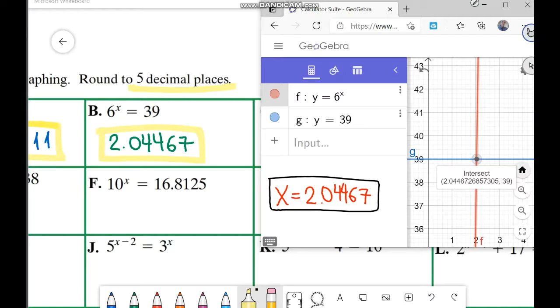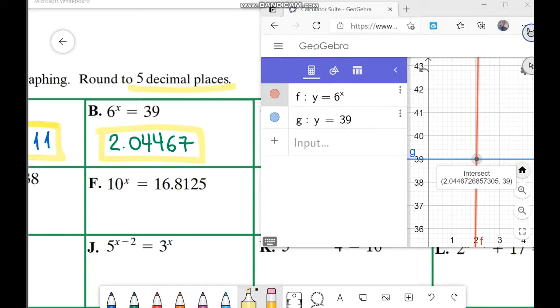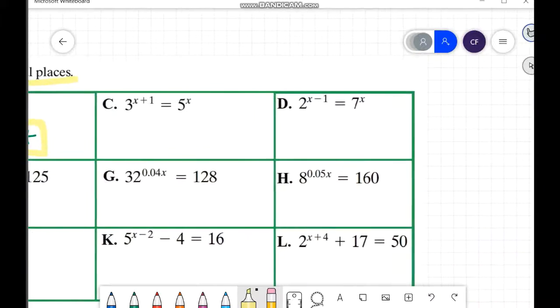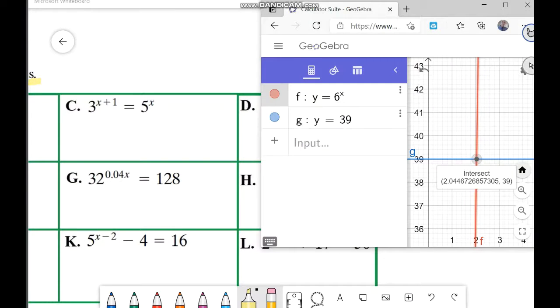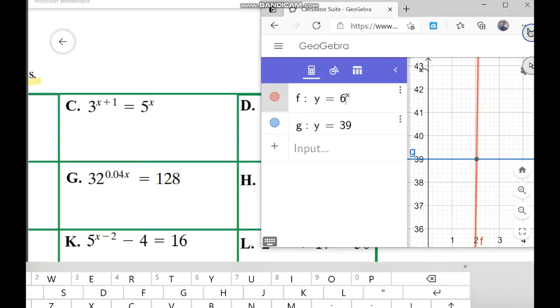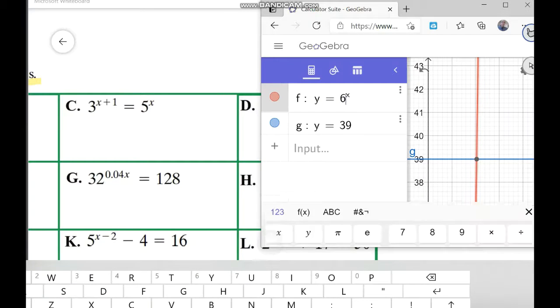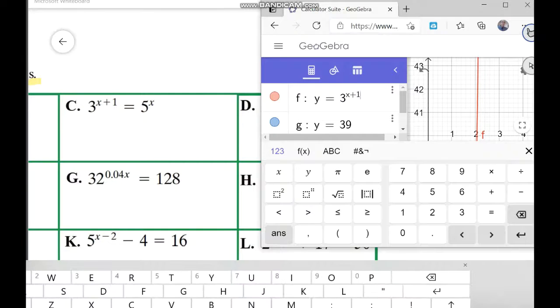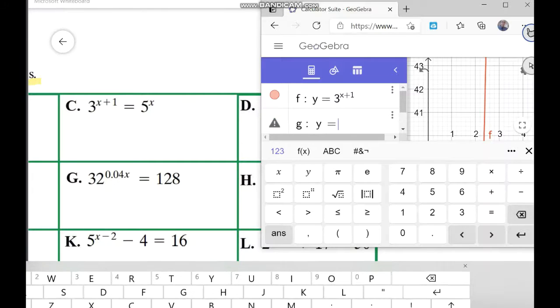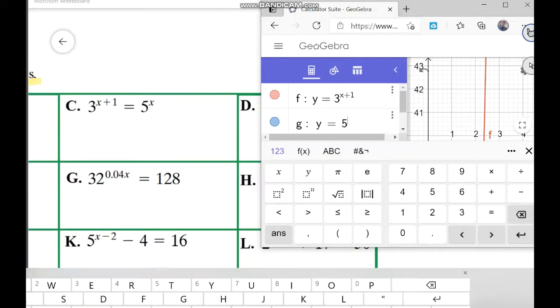Kalia asked about letter C. No problem. Let's work on letter C. Clean this up. Letter C is 3 exponent x plus 1. Let's change this. This is 3 exponent x plus 1. The next line is 5 exponent x.